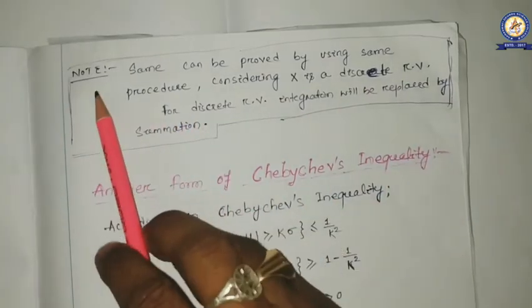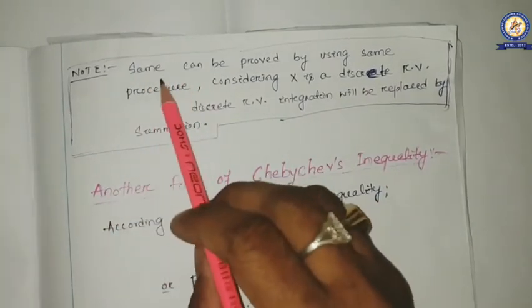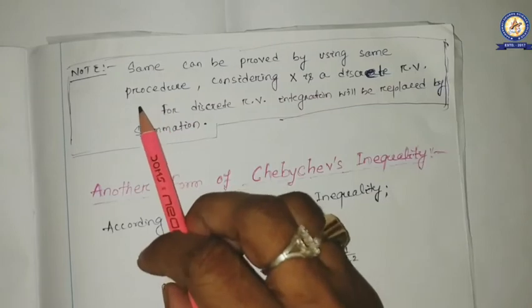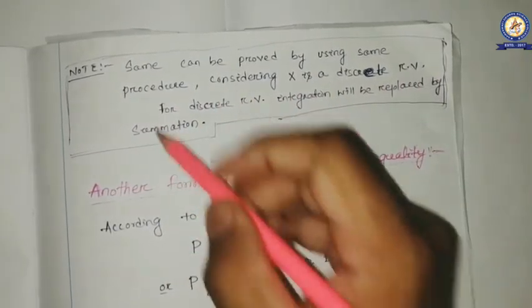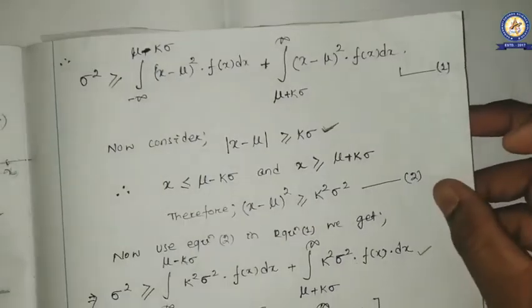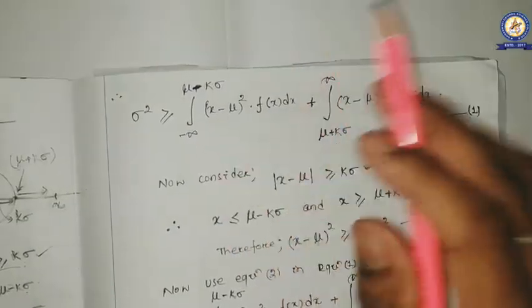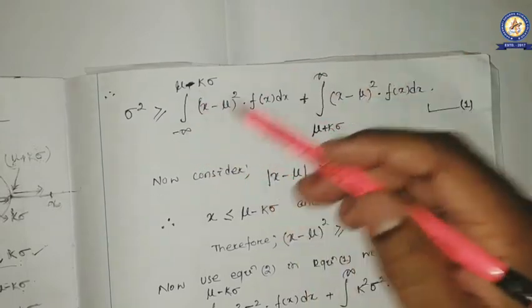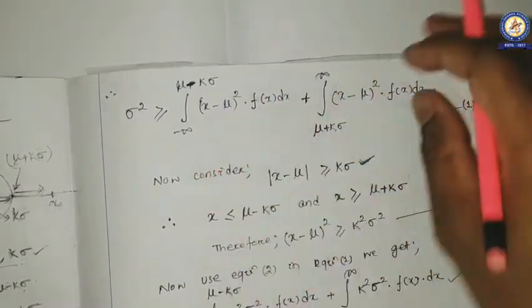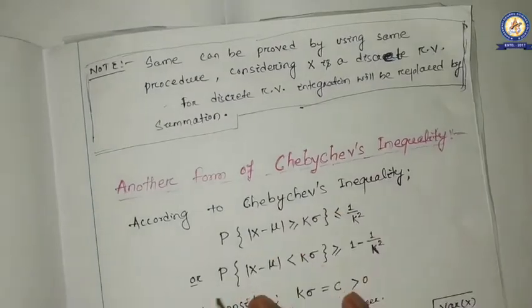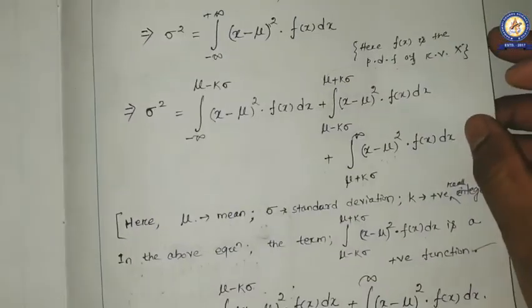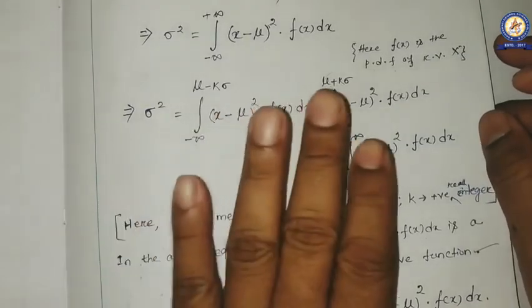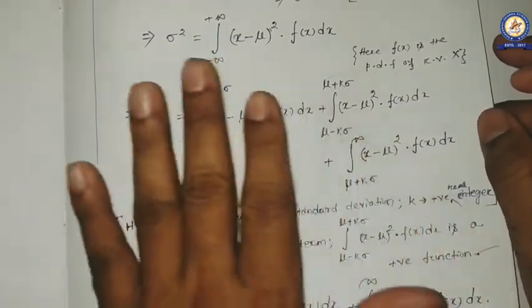So in the note I have written that the same can be proved using the same procedure considering x as a discrete random variable. For a discrete random variable, instead of integration you have to write summations. Same procedure you have to follow and you are going to get the answer. But in the exam, either way you have to represent. Write down this one in your note and I suggest that you represent it in this way.